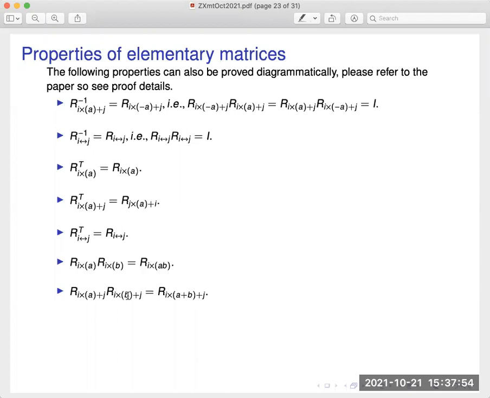Similarly, if you multiply by b to j and then multiply by a to j, that means you multiply by a plus b to j, right? So these properties can all be checked by diagrams. So now we have shown that the elementary matrices can all be represented by diagrams, and the properties can be checked by those diagrams.